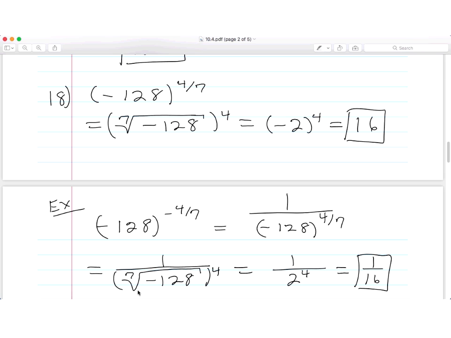The 7th root of negative 128 is negative 2. There's a typo here; they should say negative 2. Let's raise the negative 2 to the power 4, which is a positive 16. So my answer is 1 over 16.